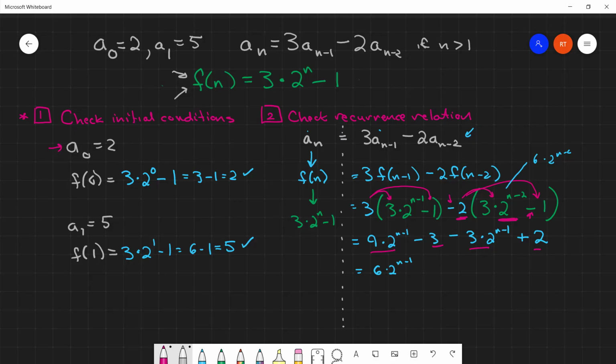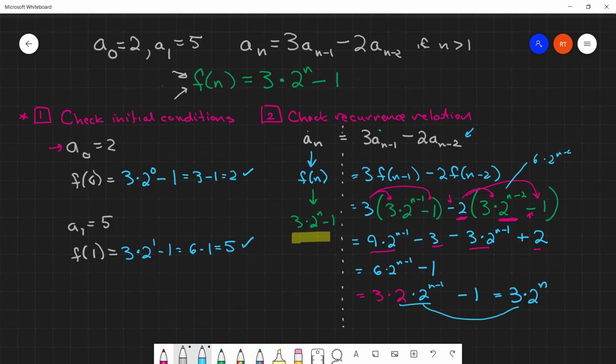Now, if I peek over to the left side, these two things don't look equal yet, and we'd like them to be equal. But there's one more step I can do. This 6 here is actually the same as 3 times 2, so let me split the 6 into 3 times 2. Now this new 2 can multiply to 2 to the n minus first to give me 2 to the nth, because multiplying by another factor of 2 just raises the exponent by 1.